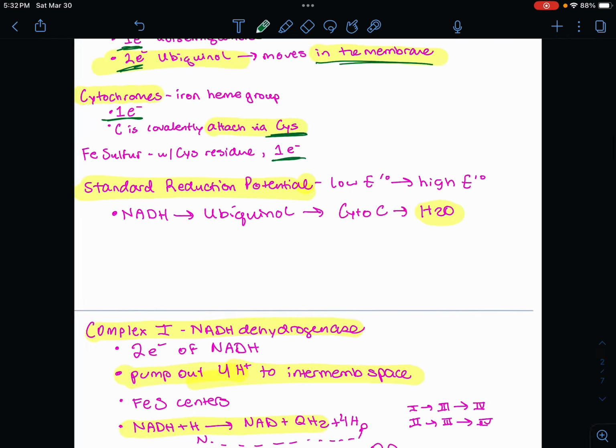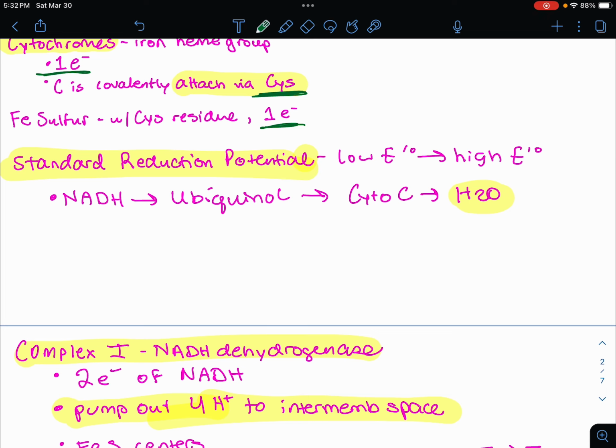Okay, let's talk about the standard reduction potential. So the standard reduction potential basically says low E naught goes to high E naught. So what do I mean by that?